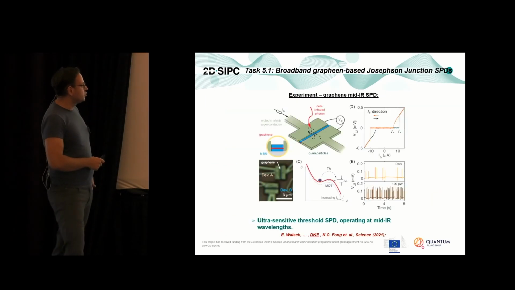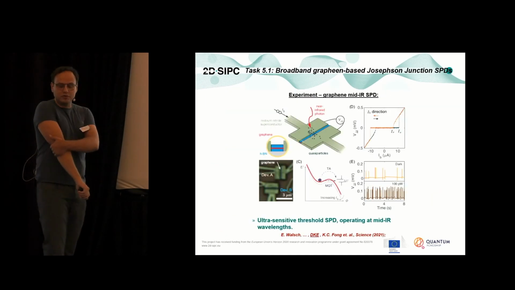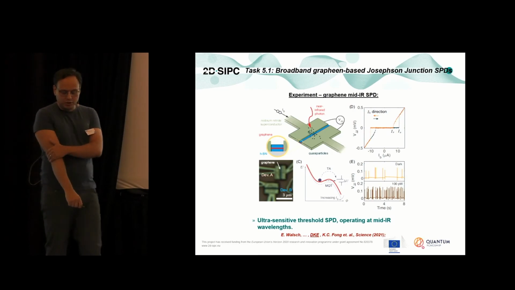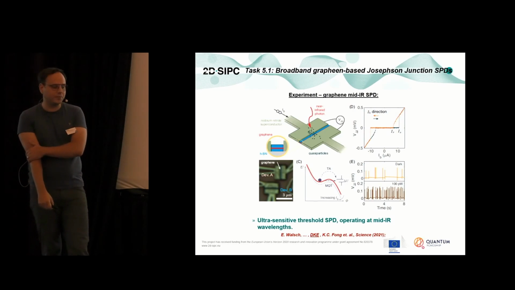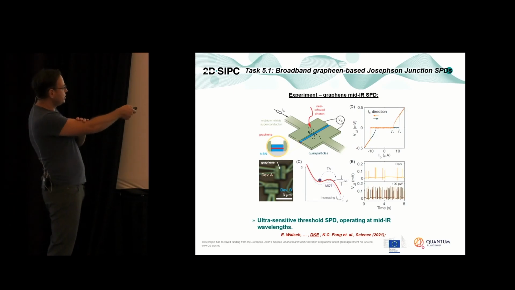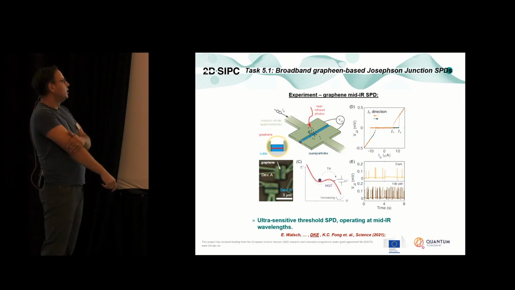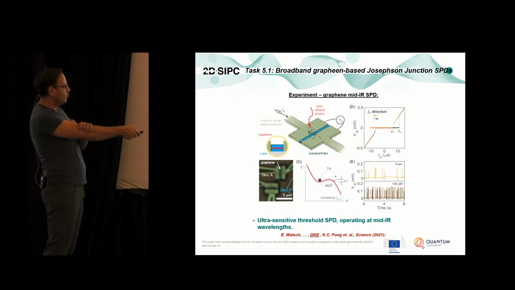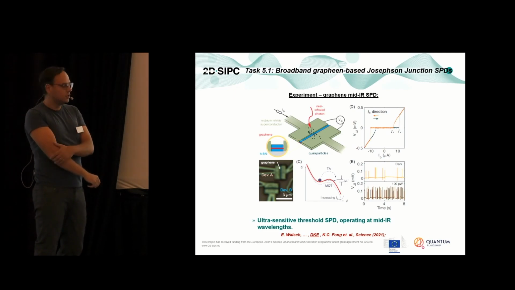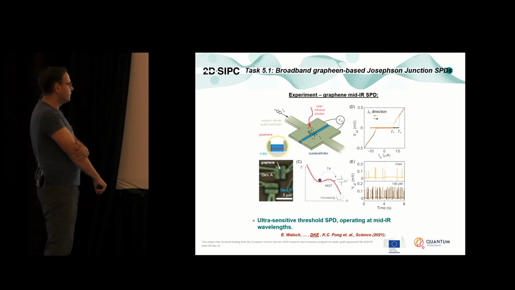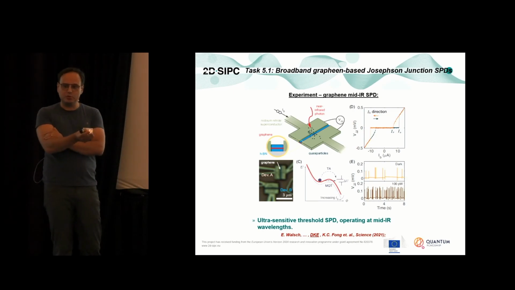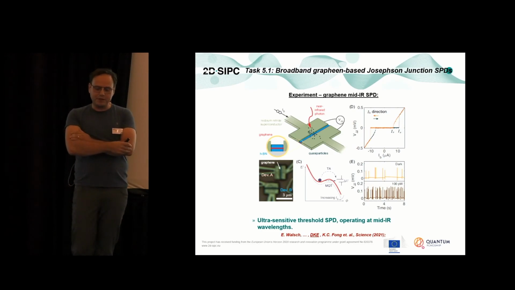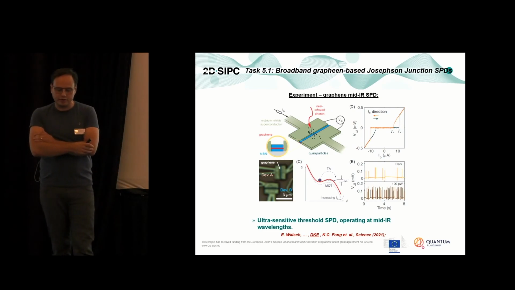Of course, we also try to use these single photon detectors to study some photo-clicking events for mid-IR experiments. Really, these JJs made out of graphene are superb single photon detectors. You can really count low energy photons with it. And of course, now we're also doing these experiments with these moiré superconductors, which are also looking very promising.